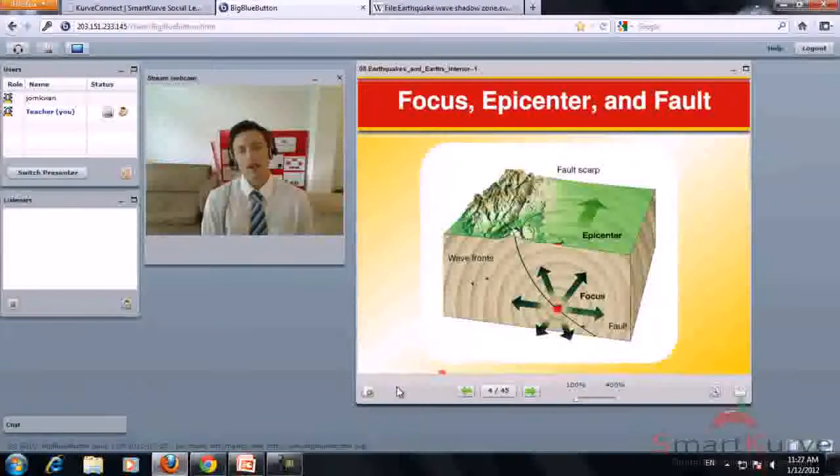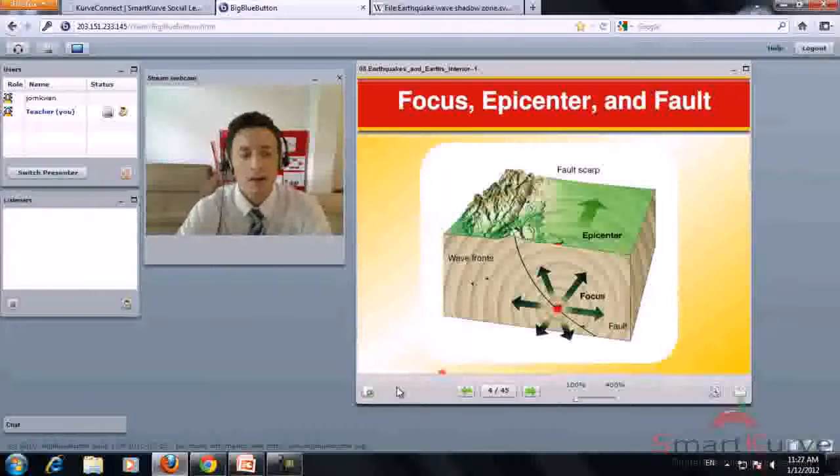Remember what we learned in our lesson about plate tectonics? We learned about different types of fault lines. We learned that these plates in the lithosphere are always moving around very, very slowly. And we learned about 3 different types of faults. Remember, we learned about divergent boundaries, where the plates are moving apart.